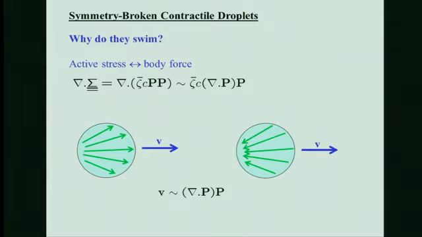So you move along p with a rate which is proportional to div p. So this thing here is moving to the right because div p is positive. This thing, where I've reversed all of the actin filament directions, is also moving to the right for the reasons that I've said. So that's your plus minus p pair of symmetry broken states.